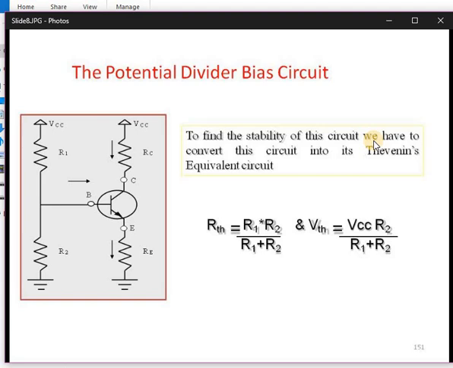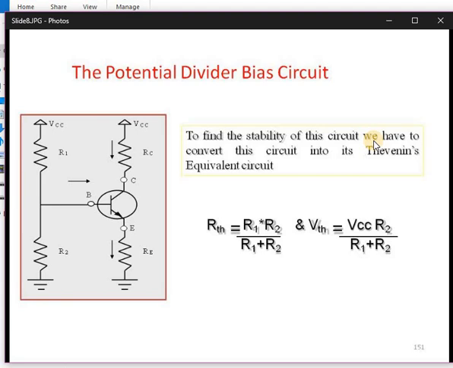That means the total circuit is converted into only two parameters, voltage and resistance. The voltage is called VTH, the Thevenin voltage, connected in series with the resistor.